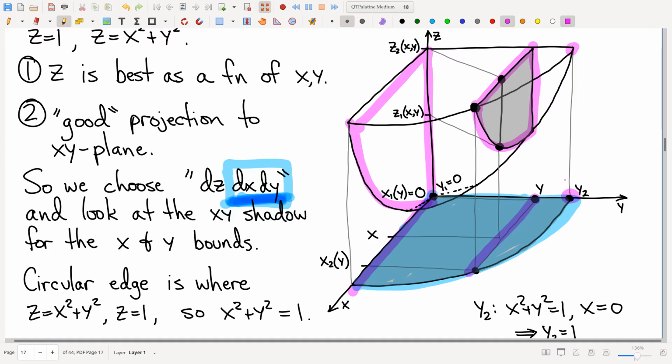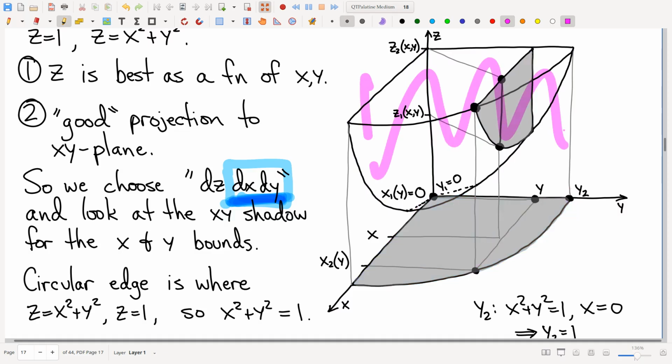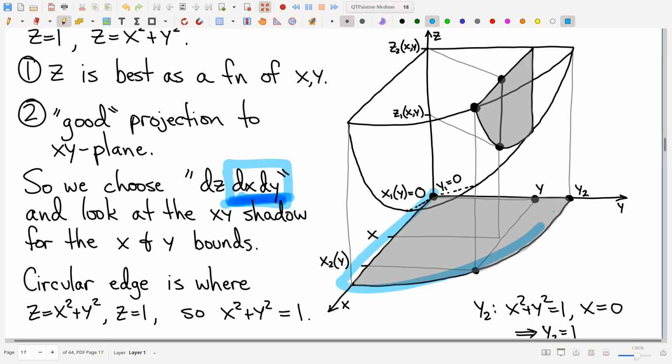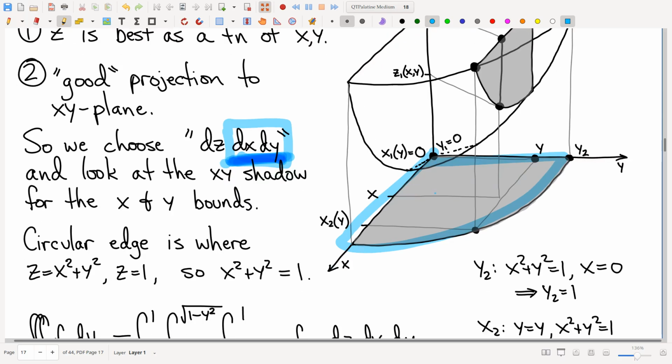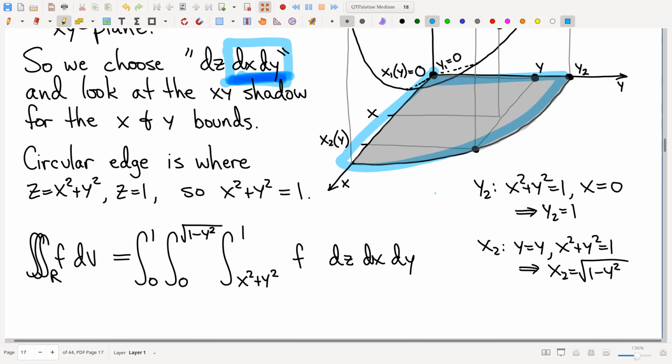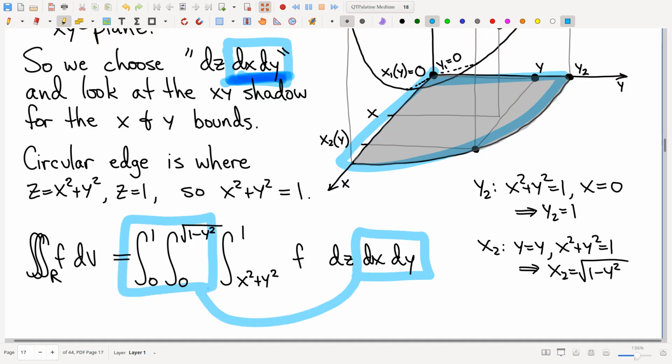So phooey on all the stuff up here. I don't need to worry about that at all, other than as a tool for helping me understand the shadow. There's the shadow, and you could just use good old regular double integral methods to slice up this domain to get your y bounds and then your x bounds.